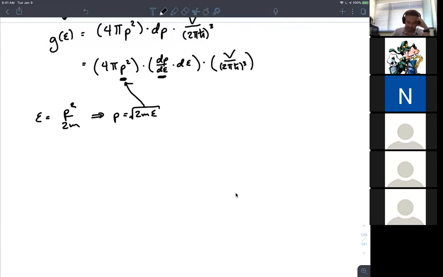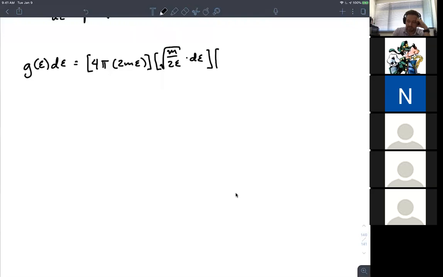And if I take the differential, dP dE, that is mass over P, which gives me m over 2E. So this is dP dE. I take this and stick it in right there.